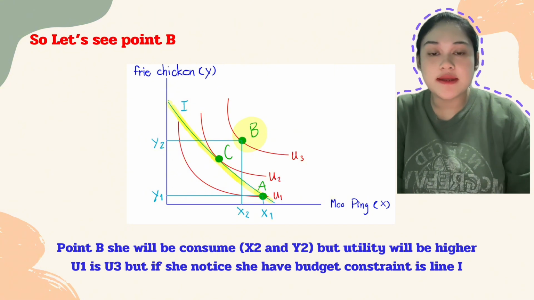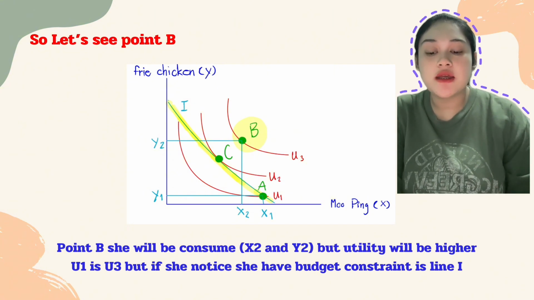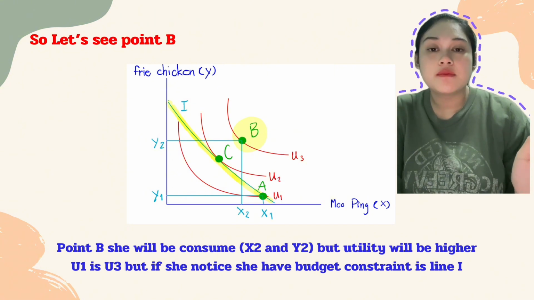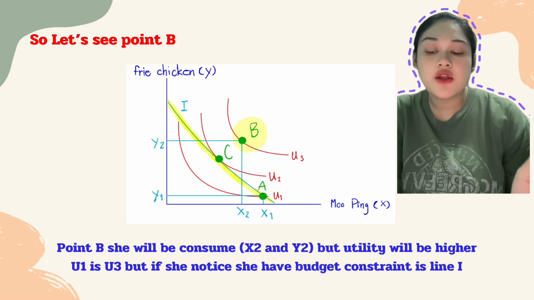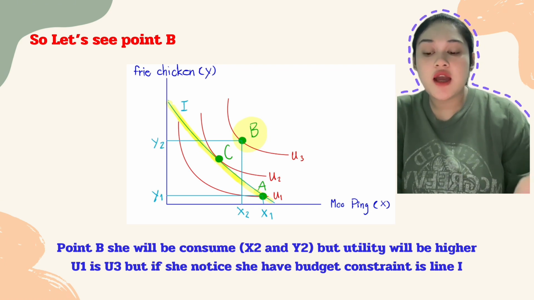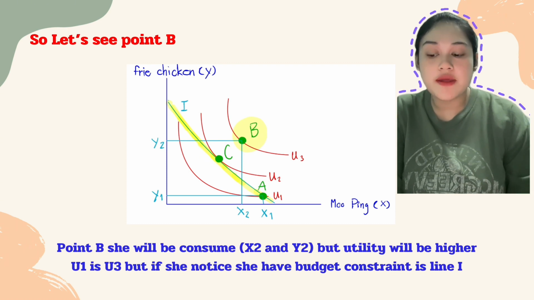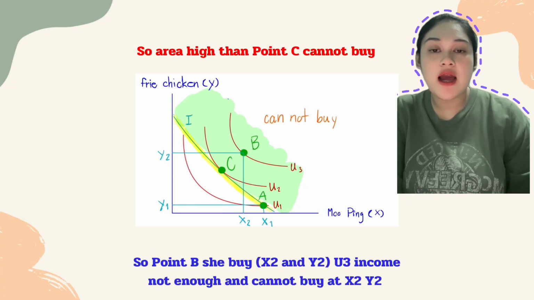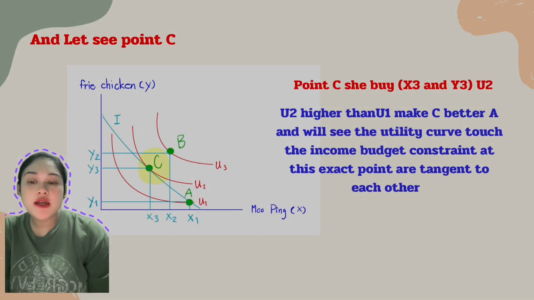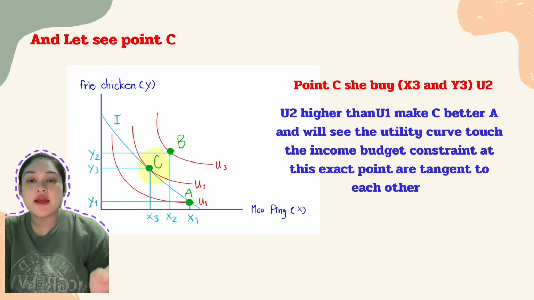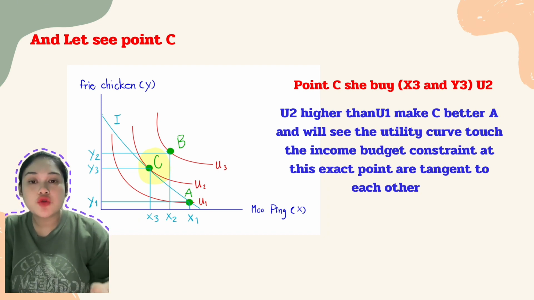U1 is UT, but she has a budget constraint, like I, so an area higher than C we cannot buy. At point C, she buys XT and YT at U2.